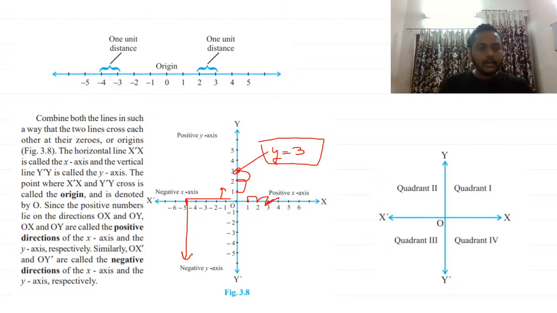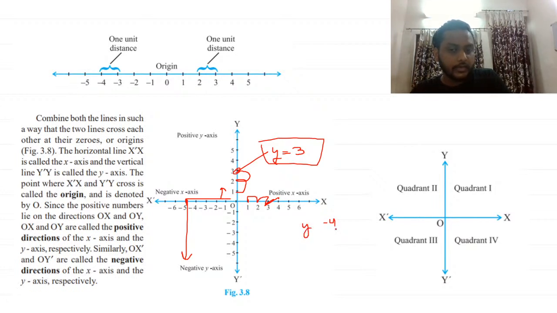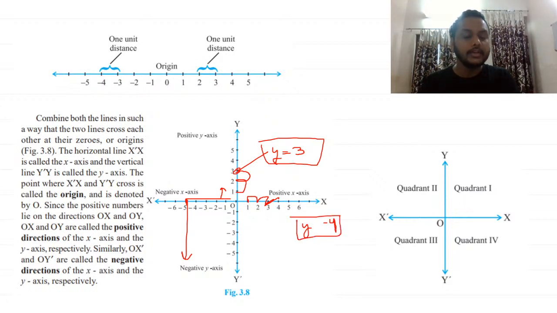Okay. Similarly, now let's say your y is negative, your y is -4. Now, guys, you need to understand one thing again: because your y is negative, because your y is -4, again you will be going below your x-axis, not above your origin.